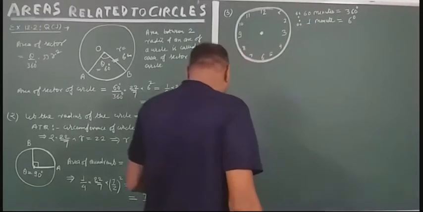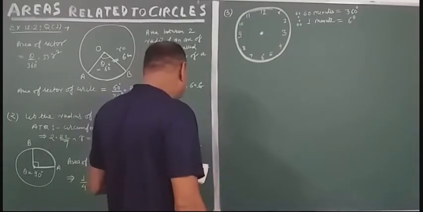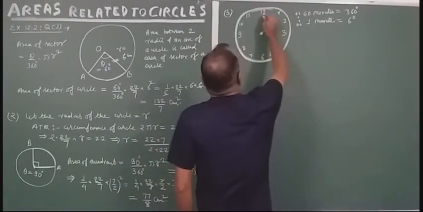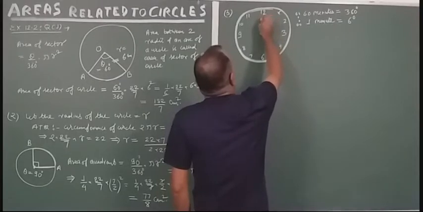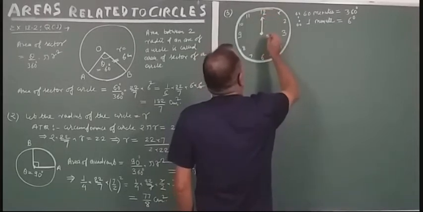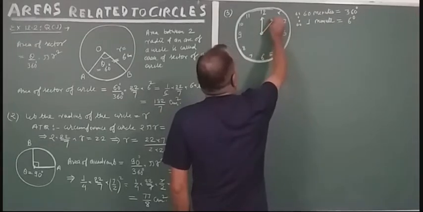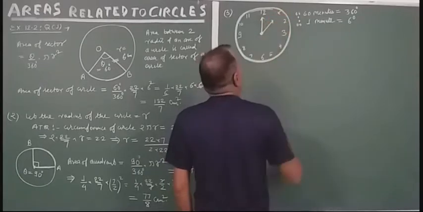The question is this: the length of the minute hand of a clock is 14 centimeter. Suppose this is the minute hand of a clock, and in 5 minutes this will reach here. So you have to find this area swept by the minute hand.